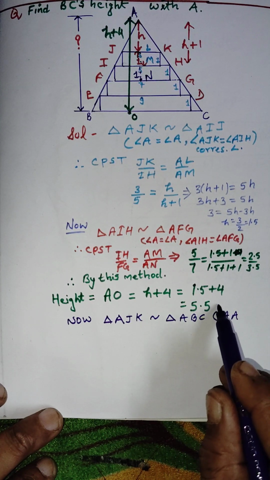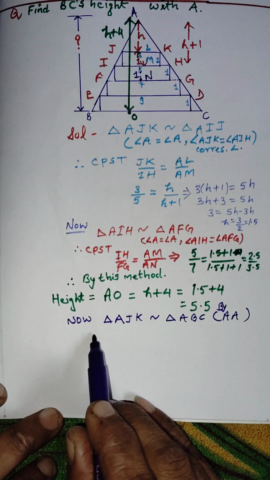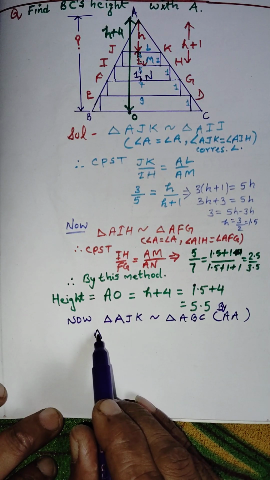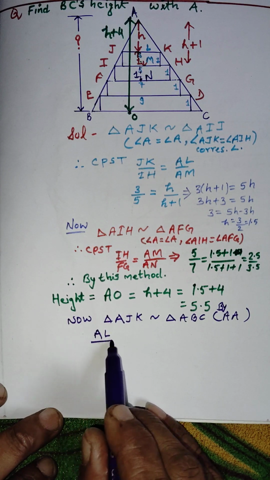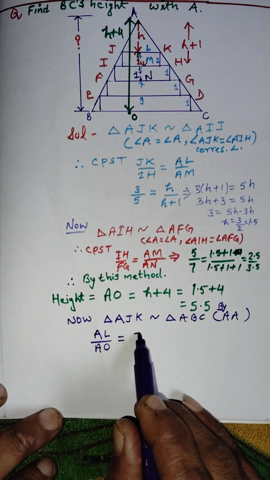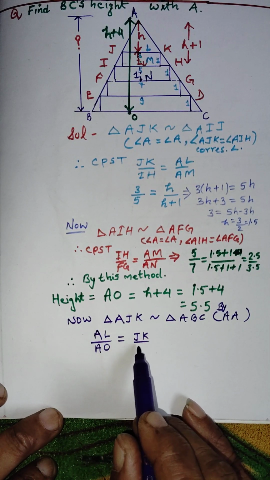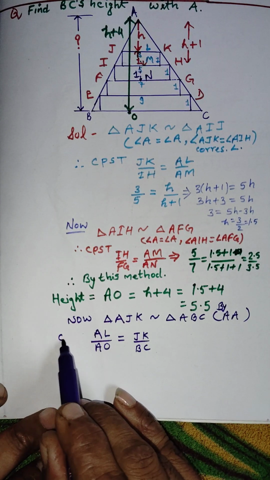By AA similarity, we can say AL upon AO equals JK upon BC by CPST.